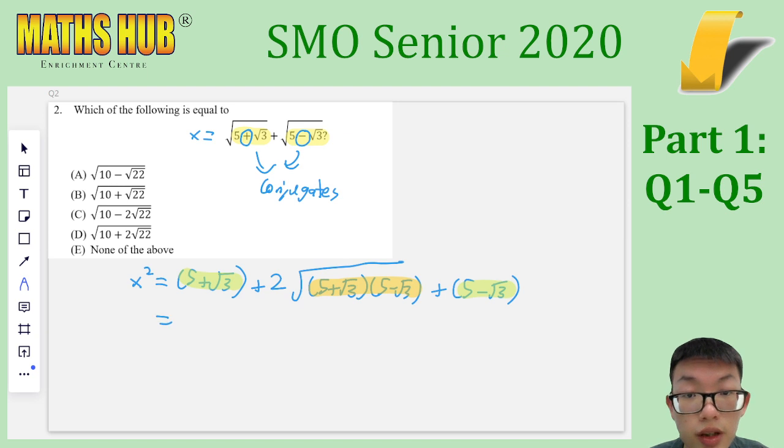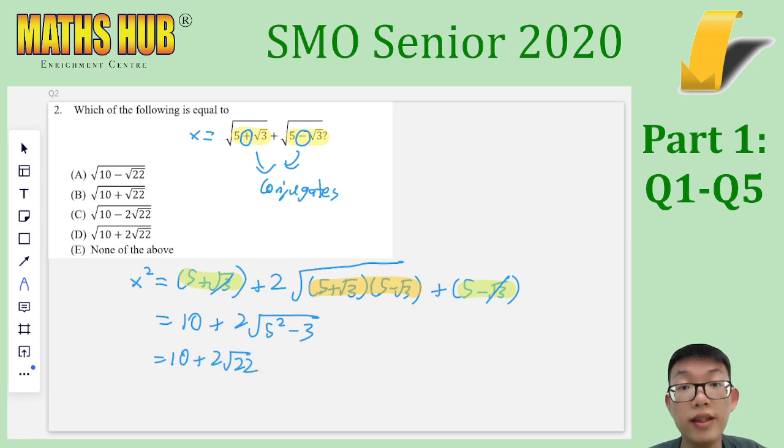Specifically, the sum of the conjugates is going to be just 10. And the product in the middle can be simplified using a difference of squares. It is just 5 squared minus 3, so this is 10 plus 2 square root 22. So immediately that tells us that x is equal to the square root of that, since we want the positive square root of this number.